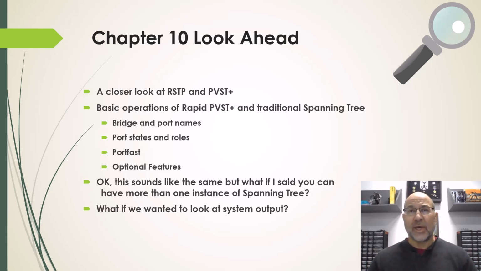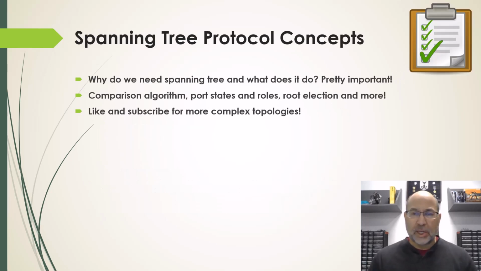And I'll remind you that when you are building really, really big topologies, you want high performance. You want to understand what's going on. And imagine that you're depending on failover or convergence with rapid spanning tree. You really want to understand how that works. So this has been Spanning Tree Concepts, Chapter 9. Why do we need spanning tree and what does it do?